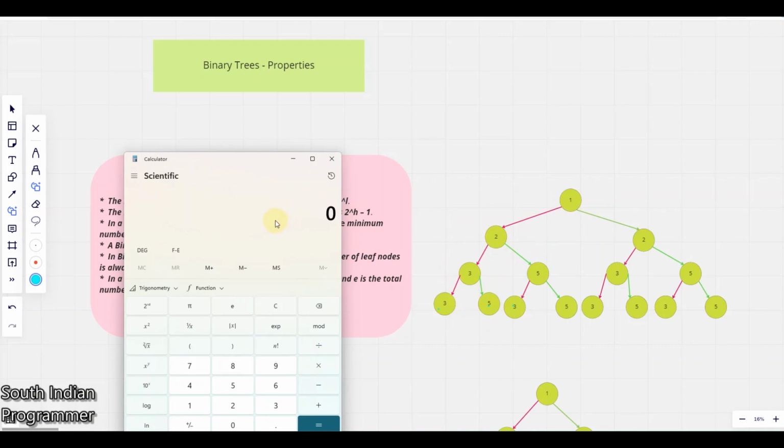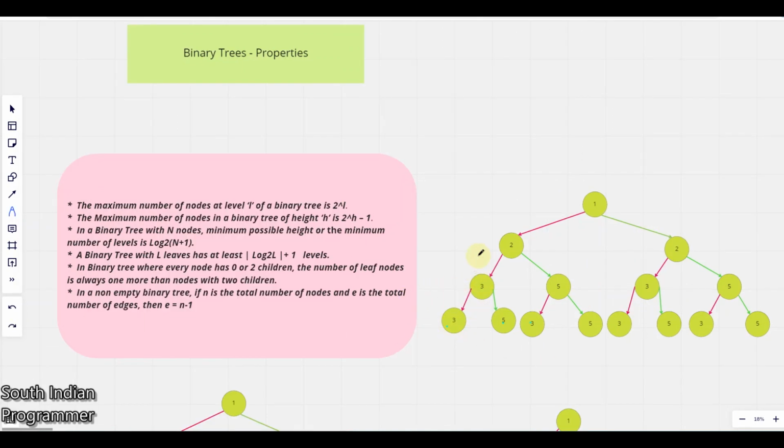So what I can calculate is 2 power 4 is 16, minus 1, so 15 nodes are there. Here you can see in this tree there are 8 nodes and 4 nodes, so 12, 13, 14 and 15 are there. So 15 nodes, so this rule is applicable.